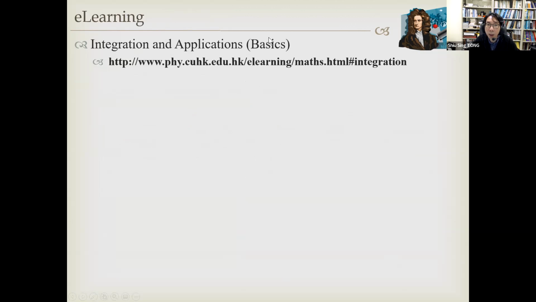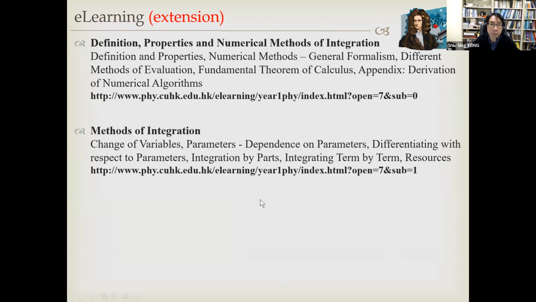And these are the basic ideas of integration, which you may review in the e-learning module. Now these are the extension modules.